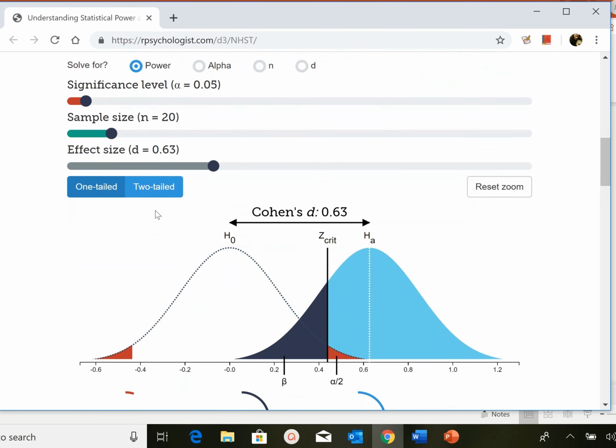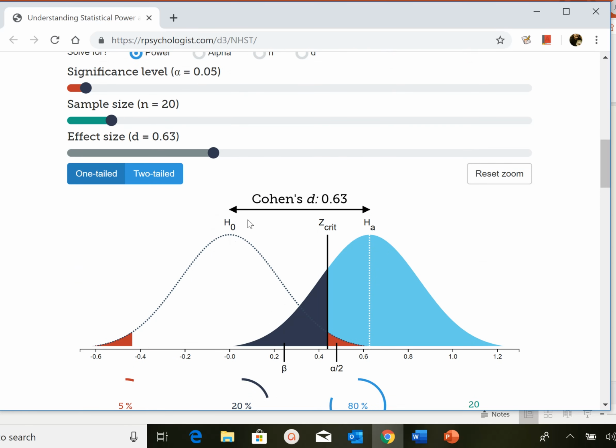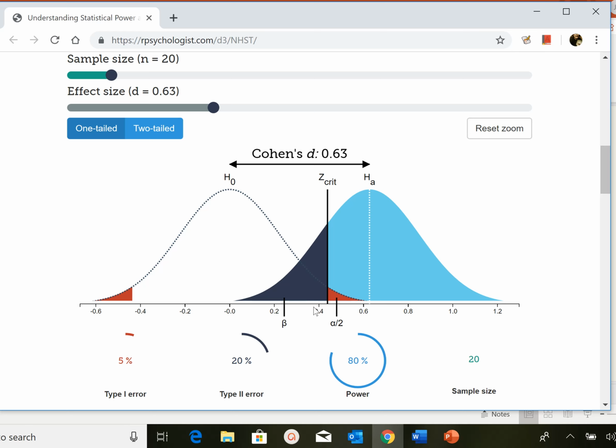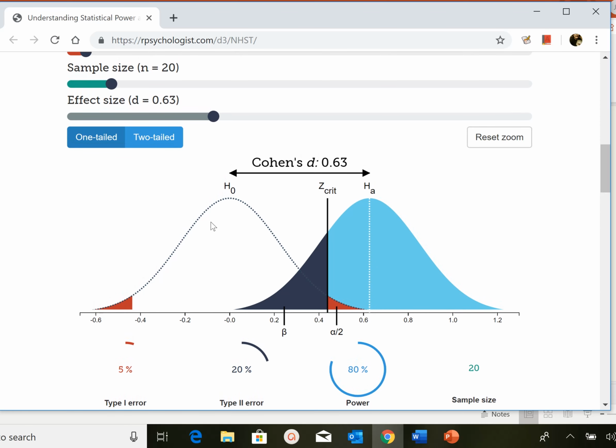So you can see here we have a difference between the means. There's a fairly large effect. We have a somewhat small sample, and we have a two-tailed alpha of 0.05, and that gives us a power of 0.8, which is the power that many people aim for, at minimum. So you can see what happens if you up the sample size.